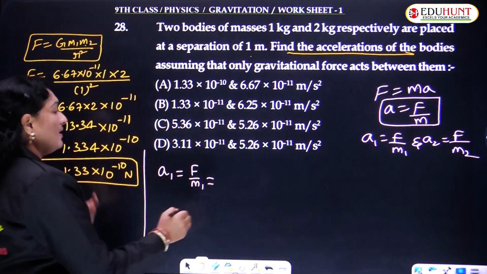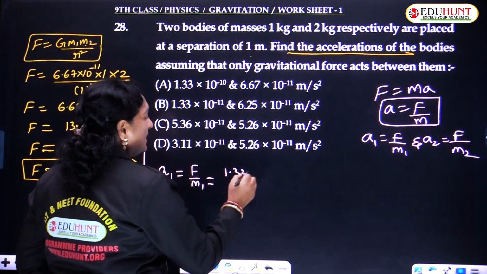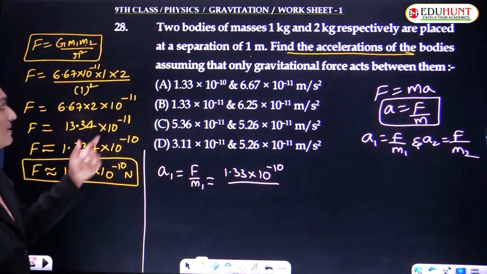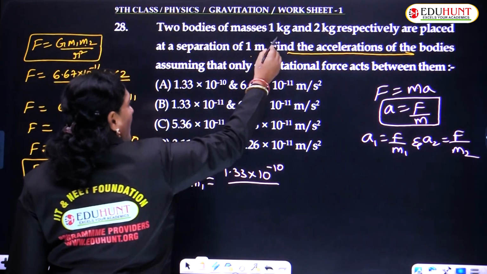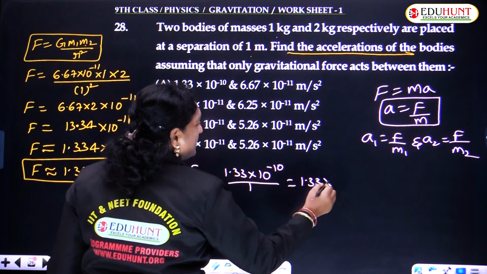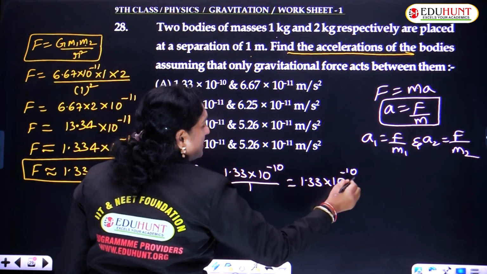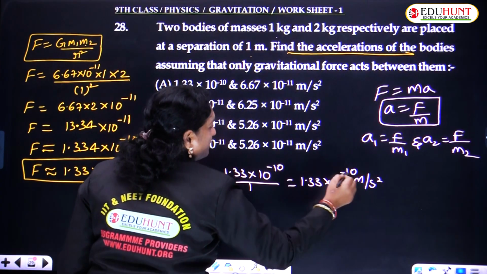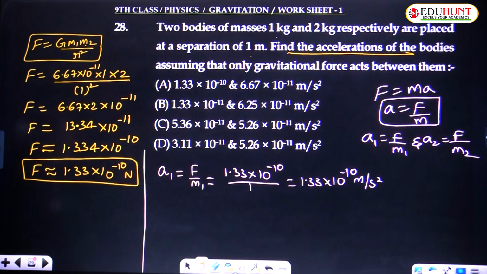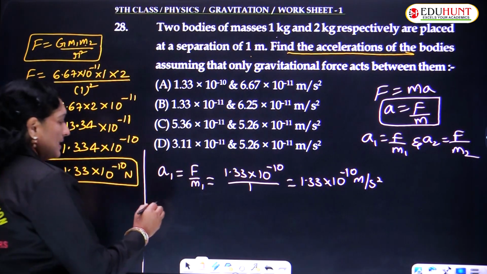What is the force given? 1.33 into 10 power minus 10 newtons upon the mass of the first body, which is 1 kg. So, upon 1, you will get 1.33 into 10 power minus 10 meter per second square. So, the acceleration of the first body is 1.33 into 10 power minus 10 meter per second square.